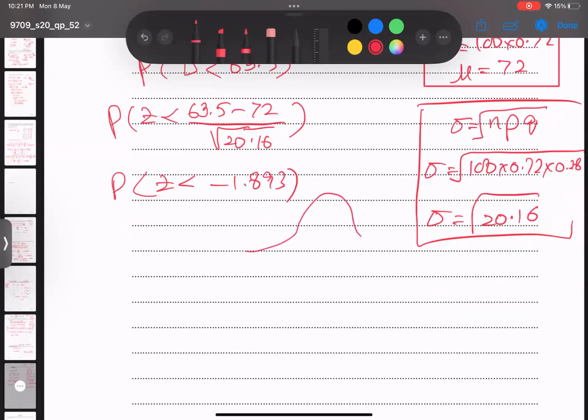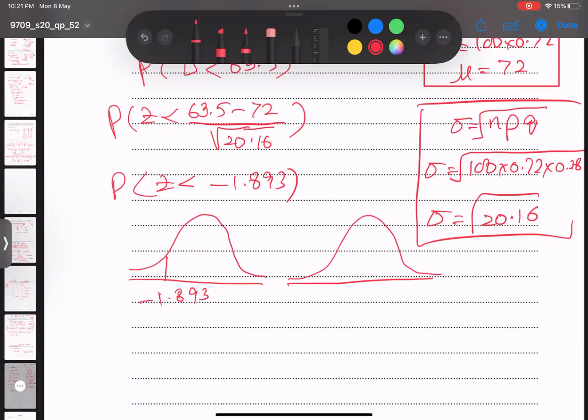Now I draw a bell shape. All of you are familiar. Just for the sake of understanding, because this is a negative value, it comes on the left hand side, at 1.893. How to read it? Z is lesser, lesser means this portion.